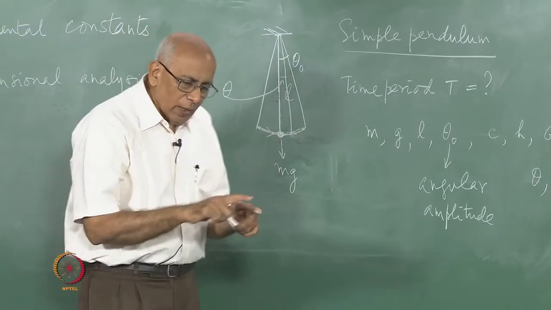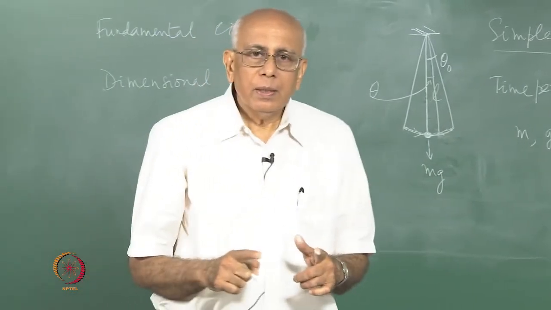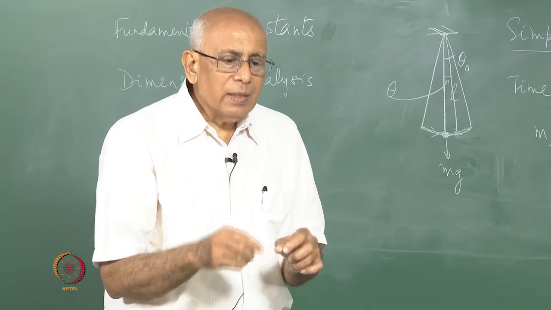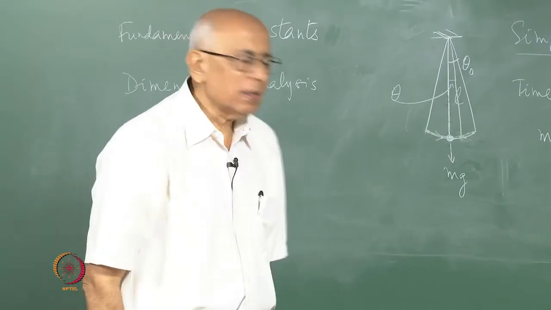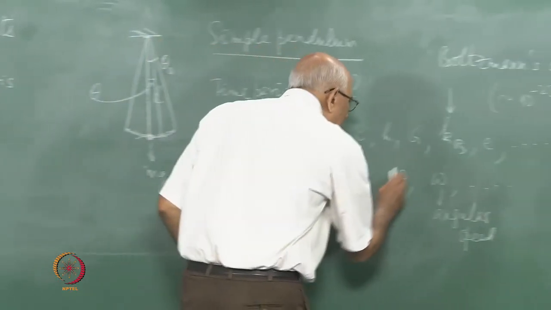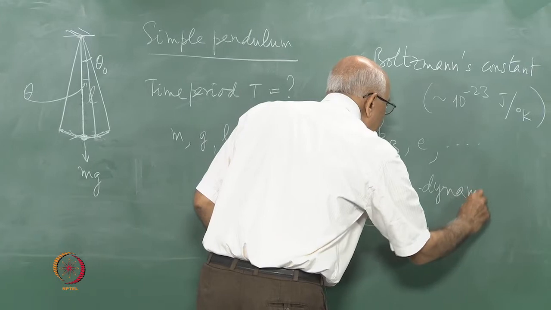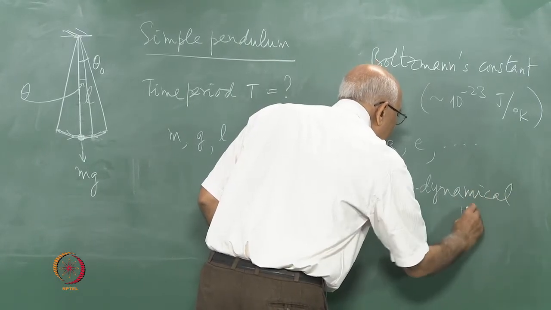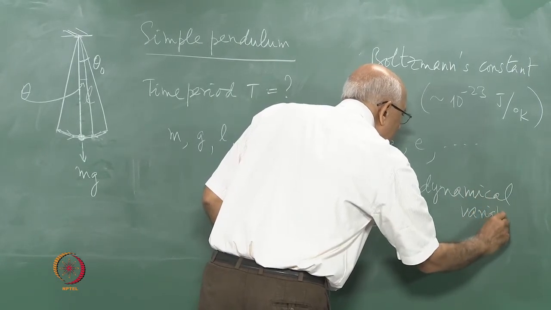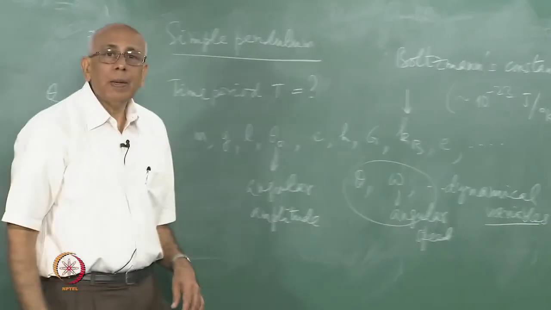And therefore, we are asking for a quantity, the time period, which is not dependent directly on the instantaneous velocity or the instantaneous speed or angular speed or amplitude. So these are dynamical variables. The time period does not depend on these variables.